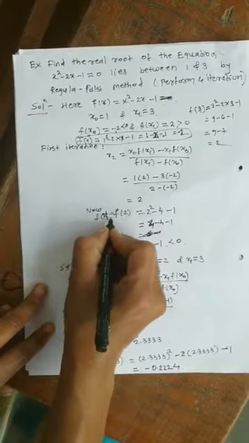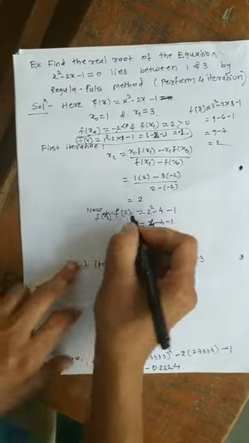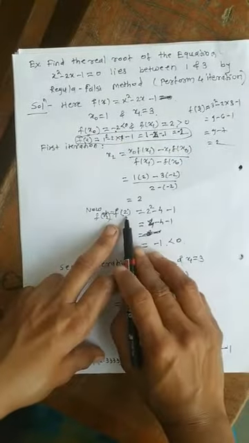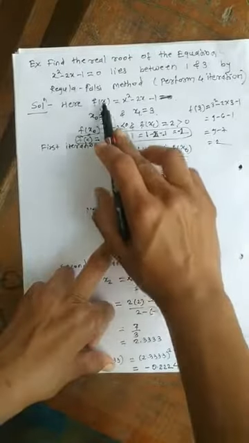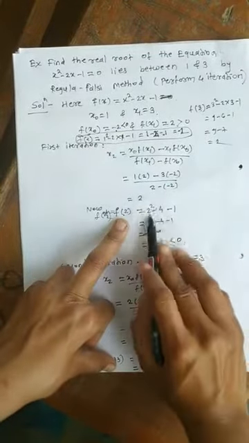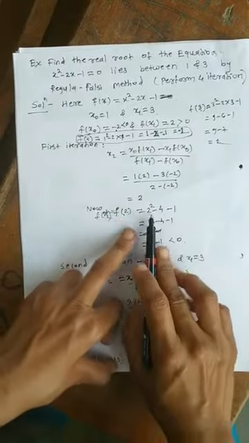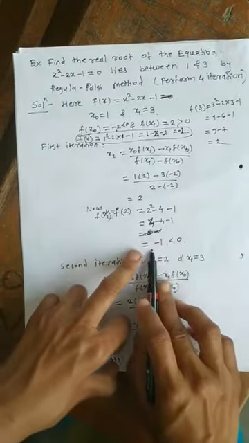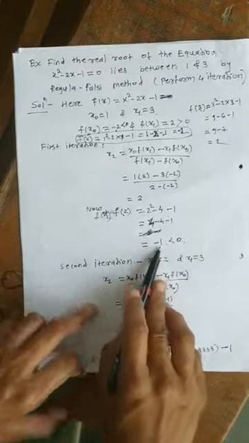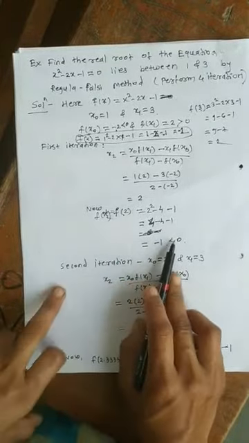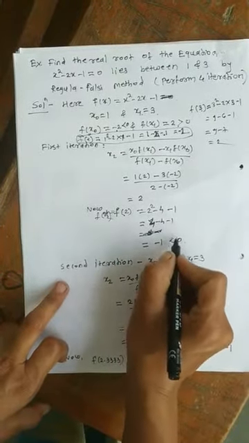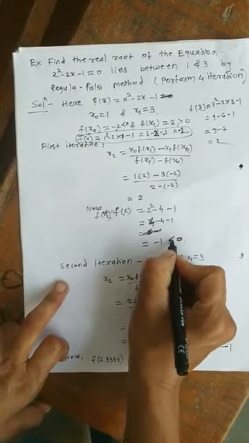Here in f of x we put x is equal to 2, so we get 2 square minus 2 into 2 minus 1, which is 4 minus 4 minus 1, 4 cancels, so we get minus 1, and this is negative, so which is less than 0.